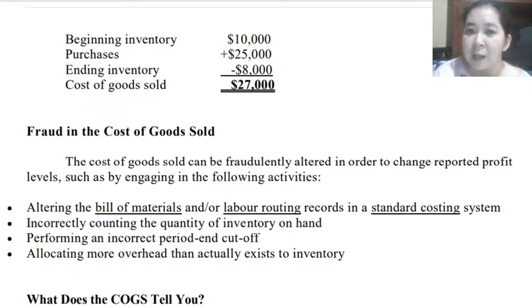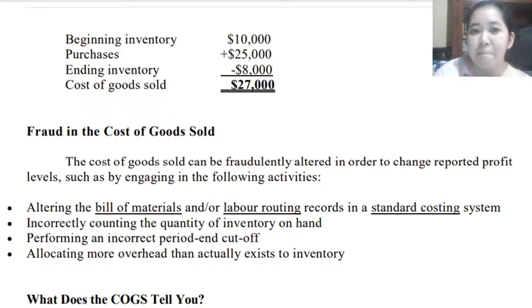But for some personal reasons, probably, they included or disregarded some of these transactions. Okay, those items were not properly accounted for in the proper accounting period. And of course, allocating more overhead than actually exists to inventory.